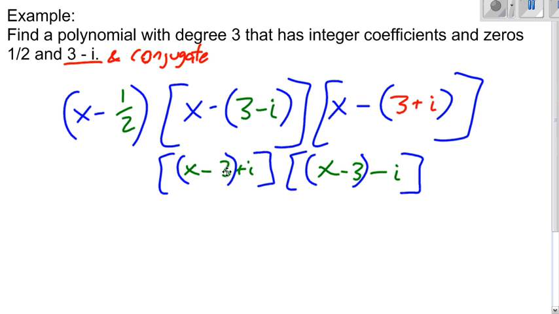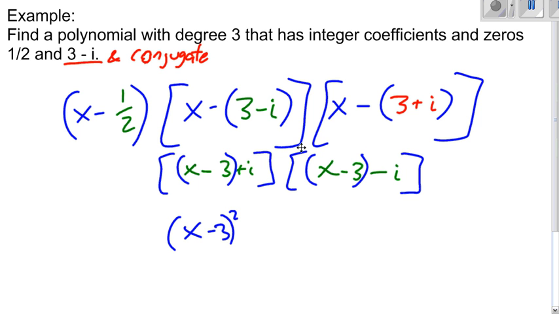Now these are a difference of squares. We have something plus i and then the same thing minus i. So that means the outside and inside stuff will cancel out, and let's treat x minus 3 as if it's just one number. So it'll be x minus 3 squared.